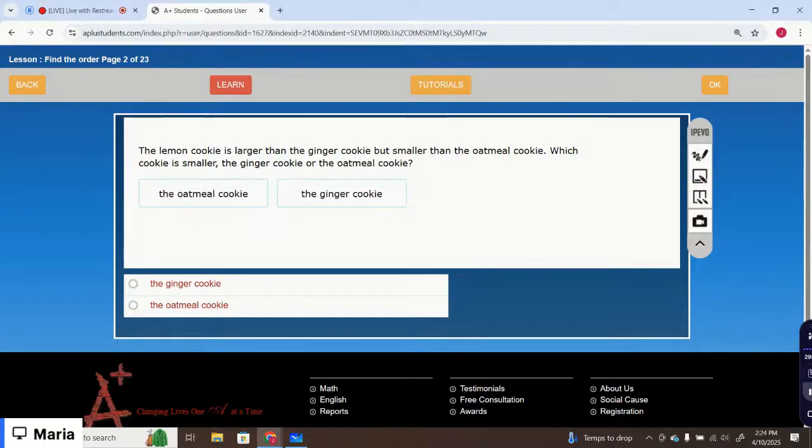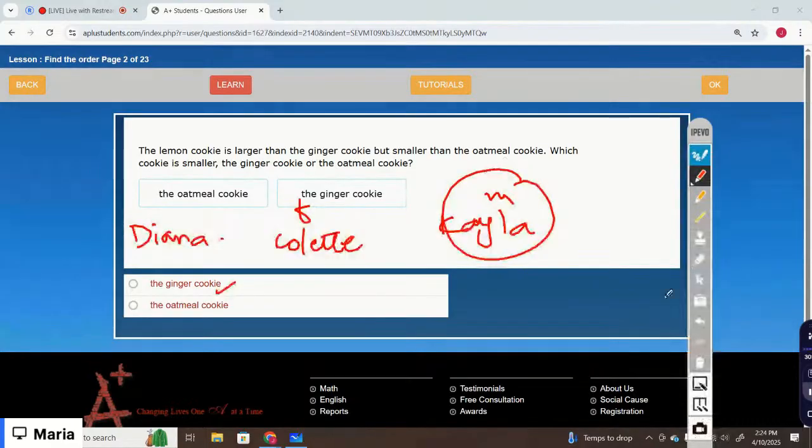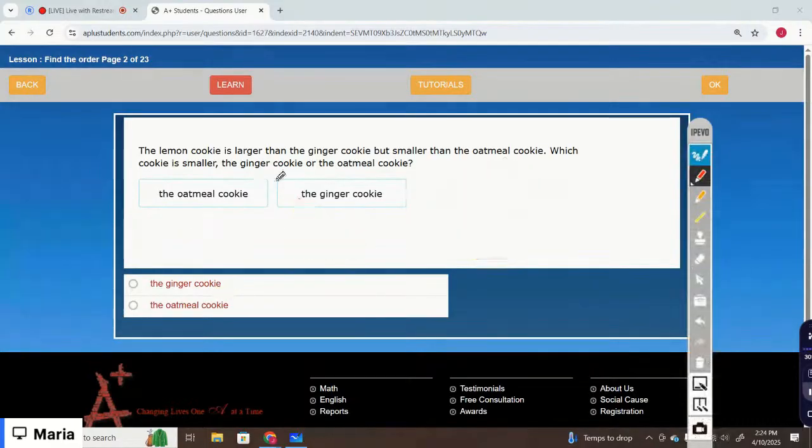The lemon cookie is larger than the ginger cookie, but smaller than the oatmeal cookie. Which cookie is the smallest? Okay, lemon cookie is larger than ginger cookie, but smaller than the oatmeal cookie.